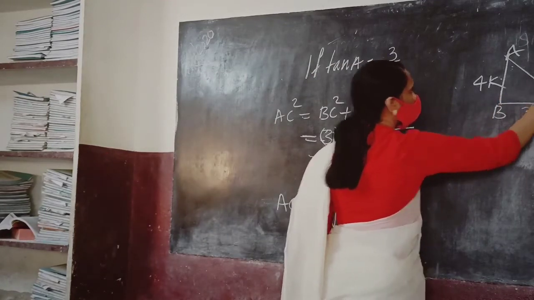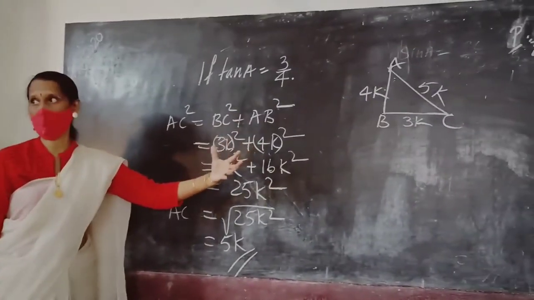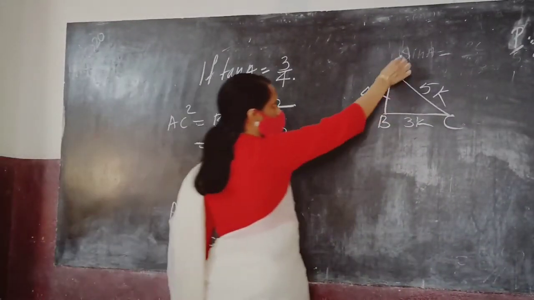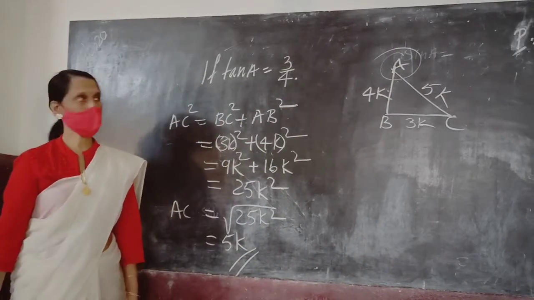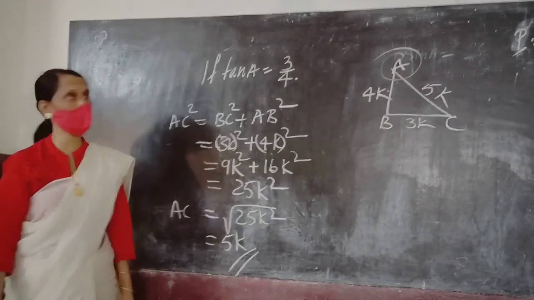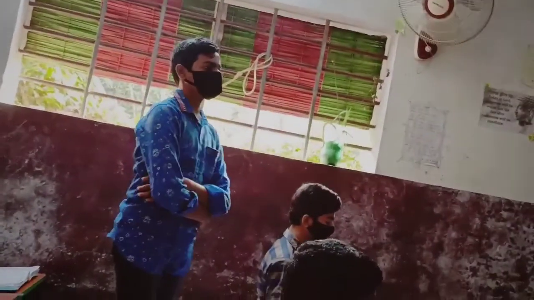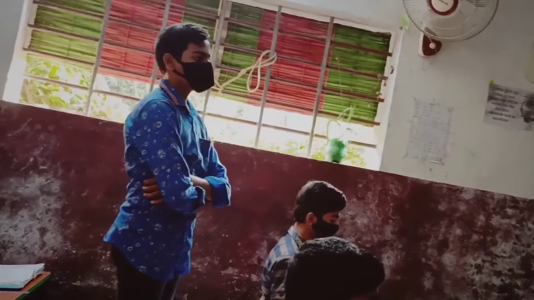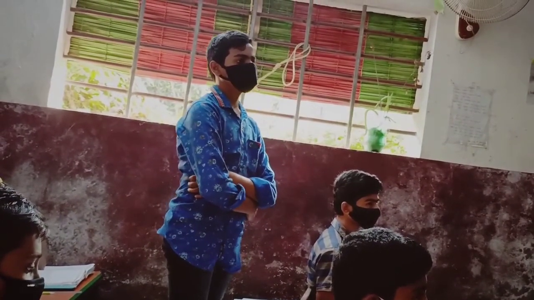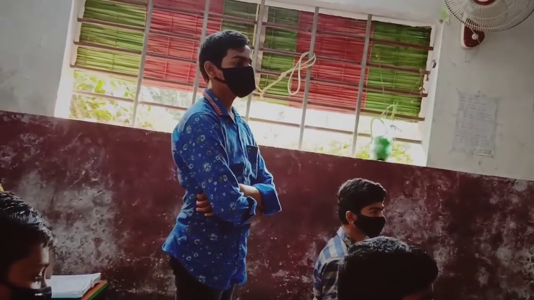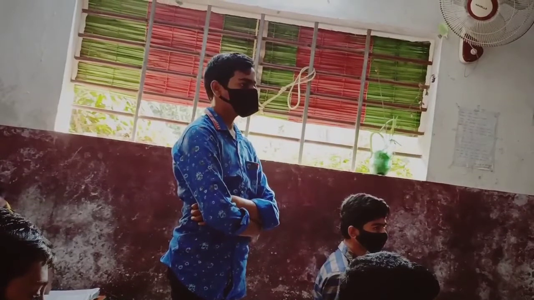So we got the hypotenuse, the opposite side, and the adjacent side with respect to angle A. Now, can you say what is tan A? Opposite side by adjacent side, BC by AB, that means 3K by 4K.